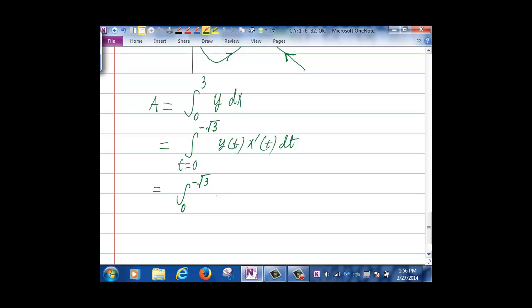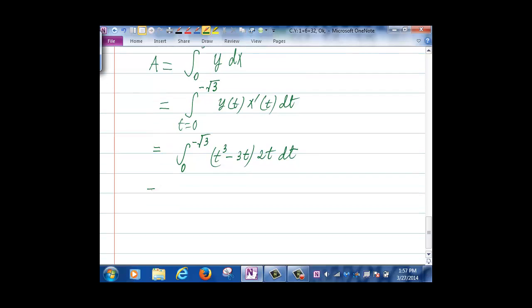It was t cubed minus 3t, and then the x prime of t is 2t. How do we integrate that? We can multiply out, so 2t to the 4 minus 6t squared dt.